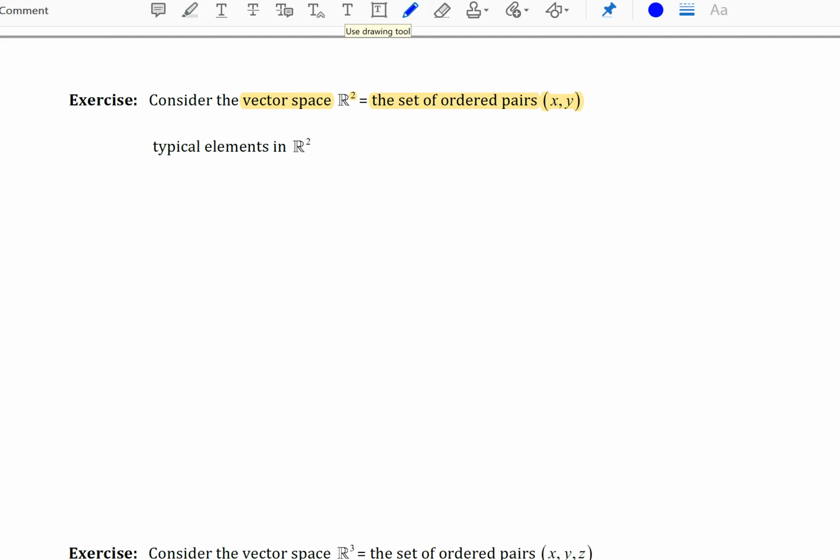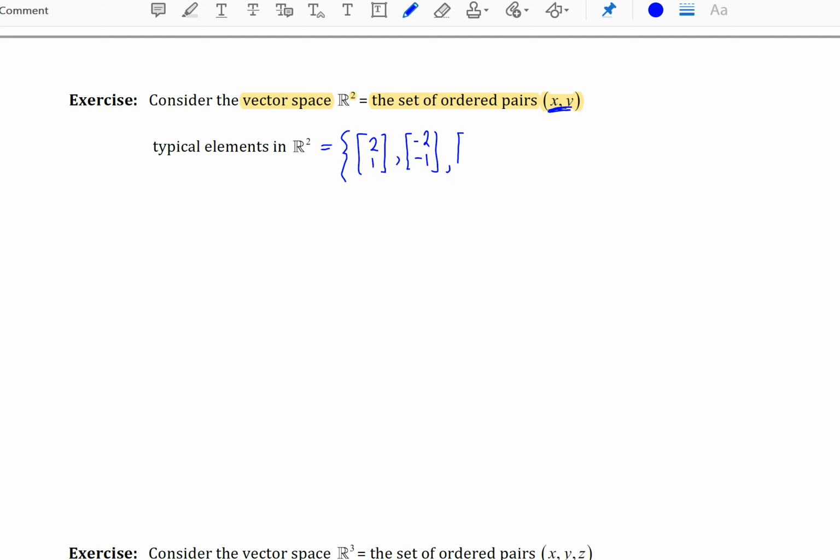And I'm going to represent sets usually in braces like this. So maybe one of the elements we could talk about would be the vector 2, 1. This is an ordered pair. It lives in R2. However, if this vector is in there, then its negative must be in there. Notice that -2, -1 is still an ordered pair.